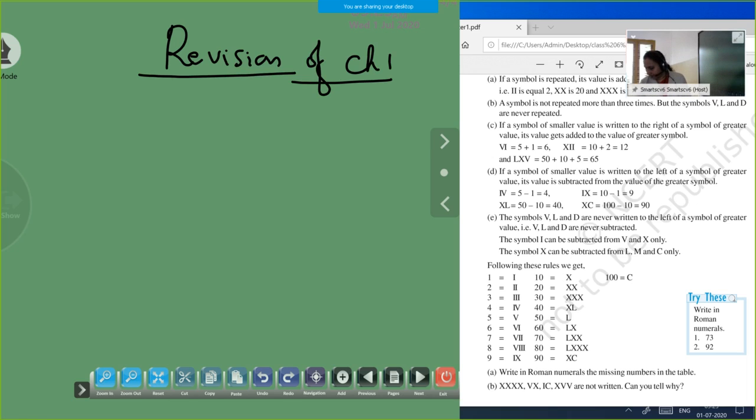Okay. In the revision, in the beginning we learned about numbers. First we learned comparing numbers, right? What is the meaning of comparing numbers?